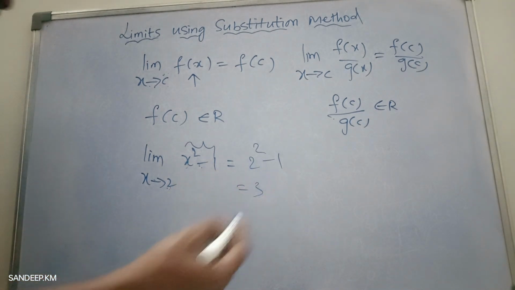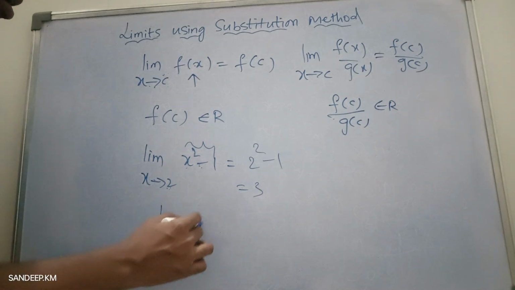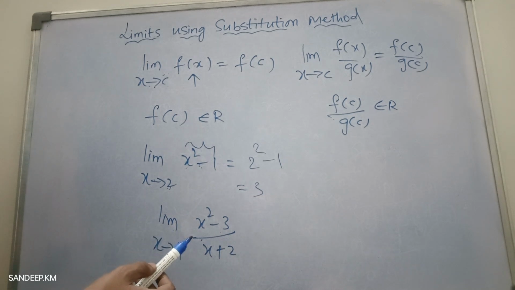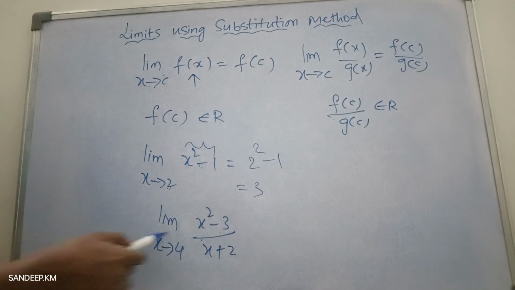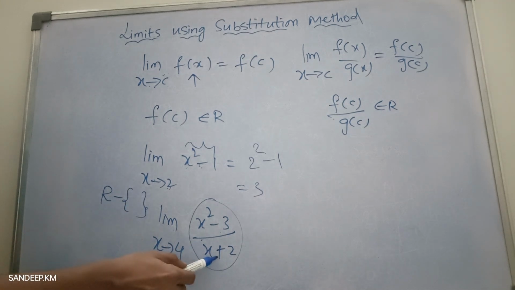Another example: limit x approaches 4, x square minus 3 divided by x plus 2. This is a rational function. We know that rational functions are continuous in their domain. Do you know how to find the domain of a rational function? The domain of this rational function is any real number except the zeros of the denominator.